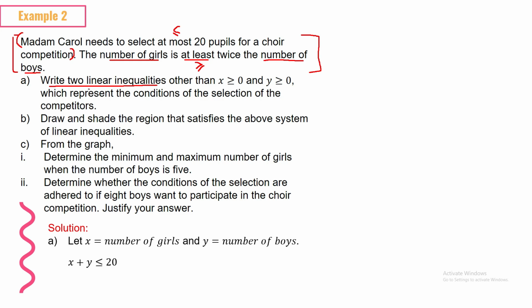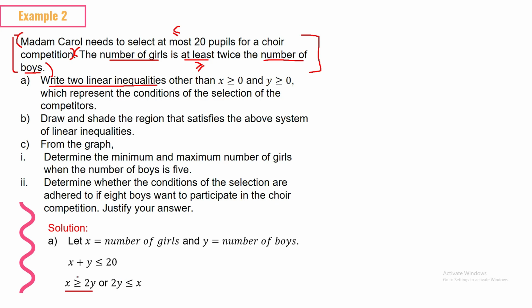For the second linear inequality, it is this part. The number of girls is at least twice the number of boys. So the linear inequality is x higher than or equal to 2y. Okay, this is from the statement. But if we want to draw the graph, y must be at the left side and x must be at the right side.